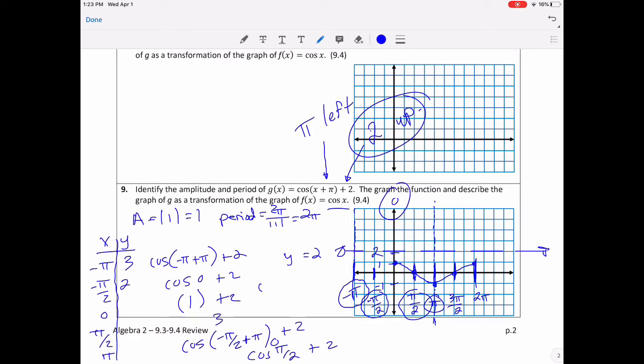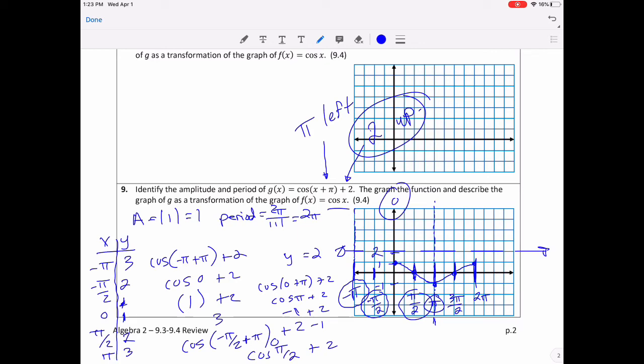All right, the cosine of 0 plus pi, plus 2. 0 plus pi is pi. The cosine of pi plus 2. What's the cosine at pi? Well, on the unit circle at pi, I'm at negative 1 for x. x corresponds with cosine, plus 2, negative 1, I'm sorry, positive 1. And then pi halves, 2, and 3.